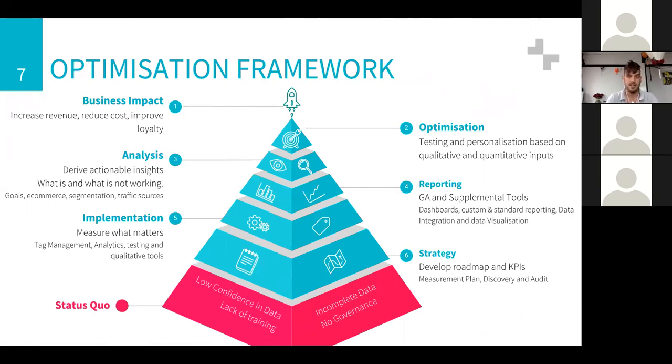Then assess your current analytics, discover what you are missing and what is erroneous, and from the measurement plan and your current stats, you will know what to implement. So you make sure that you can measure what really matters to you.